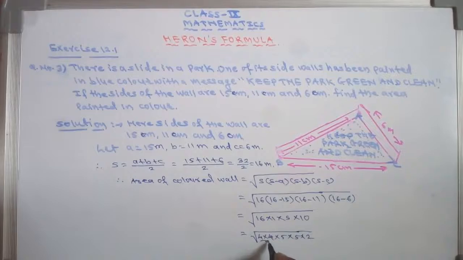Now 4 into 4 can be taken out of the square root, so it will be 4. 5 into 5 means again you can take 5 outside the square root, so it is under root 2. So that is 20 under root 2 meter square, because since it is the area, it will be in square meter.